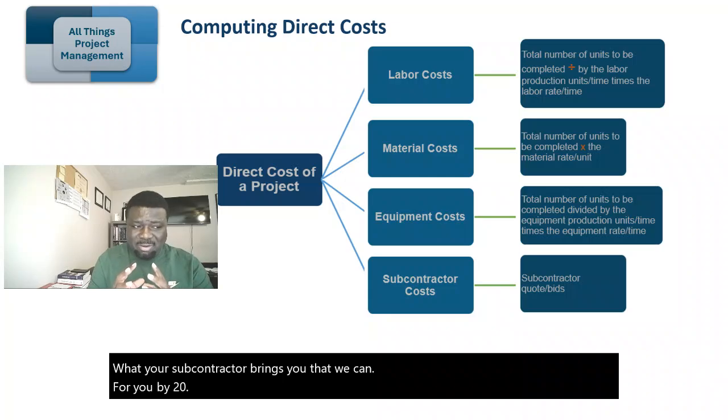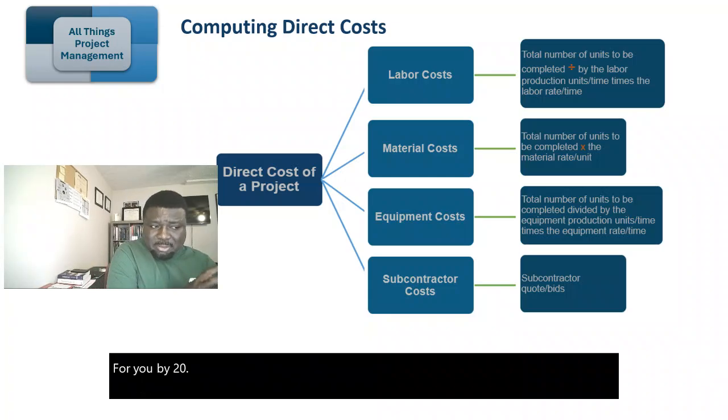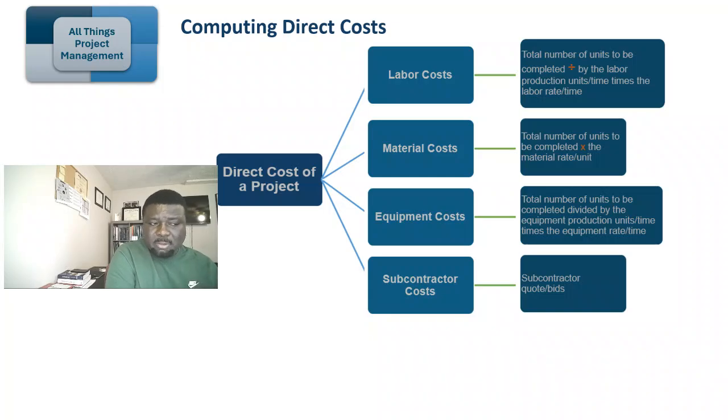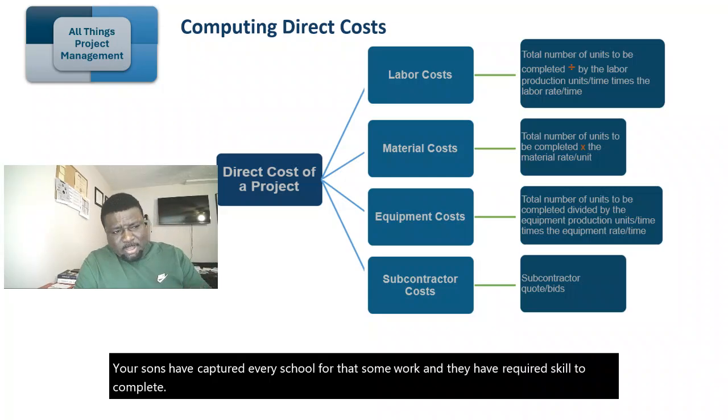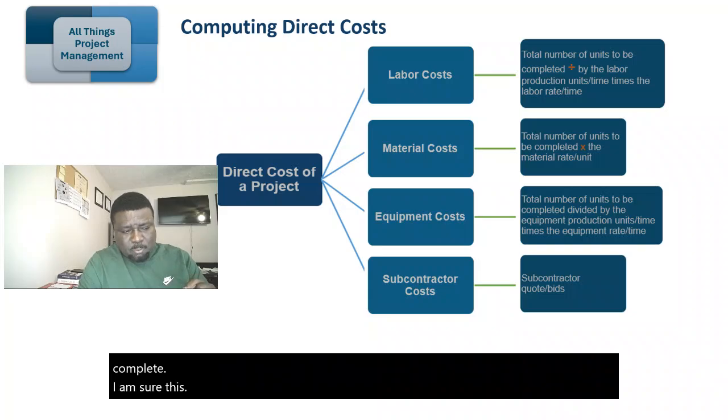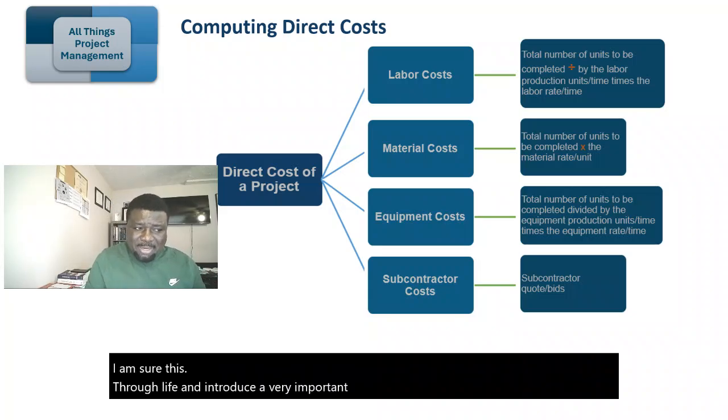Those quotes should be reliable, traced to the subsections of your project document, and verified to make sure your subs have captured every scope for that sub work and have the required skill to complete it. I'm sure this throws light on and introduces a very important topic when it comes to cost management for our project. This is the first of it.